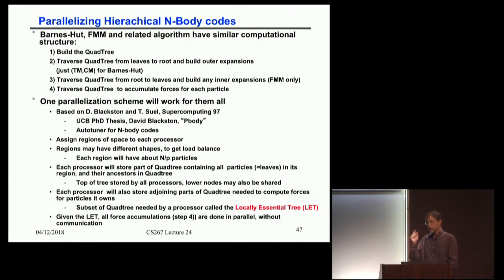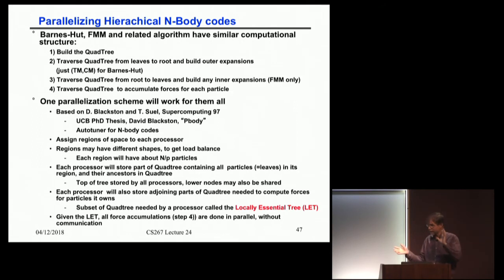It turns out there's a common way to parallelize both these algorithms because they share a lot of structure, obviously. And so here's the four-step approach to parallelizing it. We're going to build a quad tree, and that's going to require some interesting load balancing issues to get the work spread out evenly among all the processors. Then we have to traverse the quad tree from the leaves to the root to build the outer expansions.